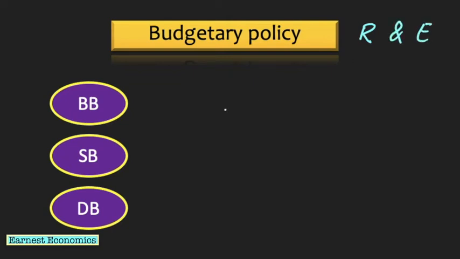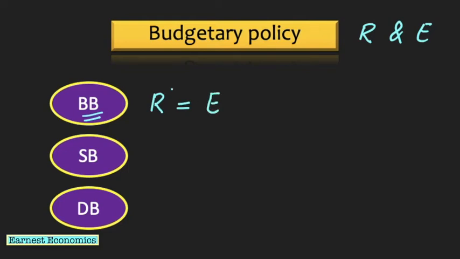Now we have three types of budgetary policies, or three types of budgets, that can be utilized by governments. The first one is what we call a balanced budget. In this case, the total revenue of the government is equal to total expenditure.